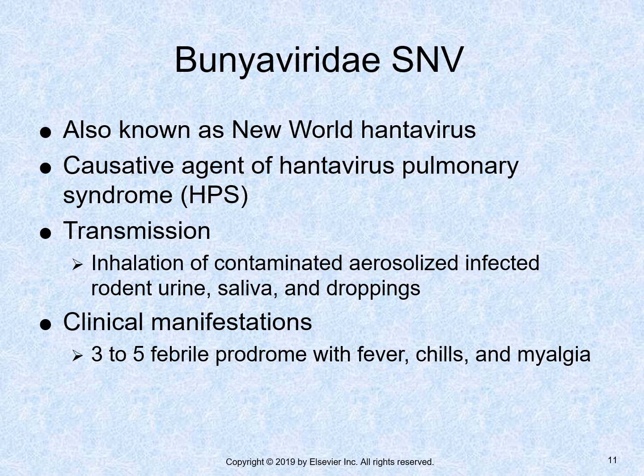This was originally found in New Mexico in 1993, where 2 adults from the same household died of an unusual respiratory illness. The virus is transmitted via inhalation of contaminated, aerosolized infected rodent urine, saliva, and droppings. Clinical manifestations occur in 3 to 5 days with a prodrome of fever, chills, and myalgia.